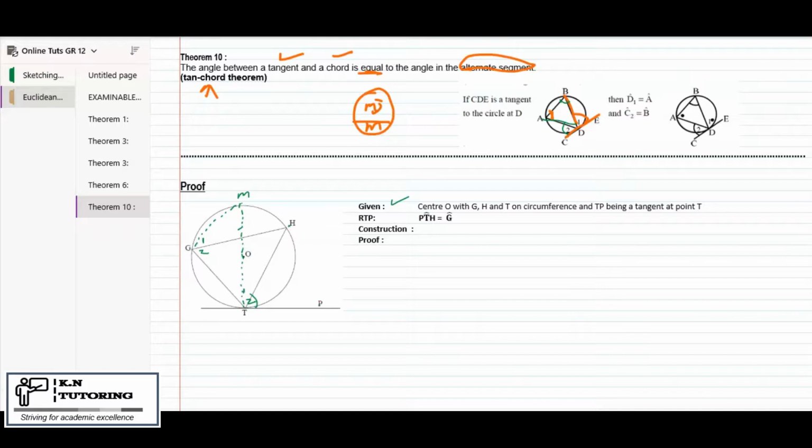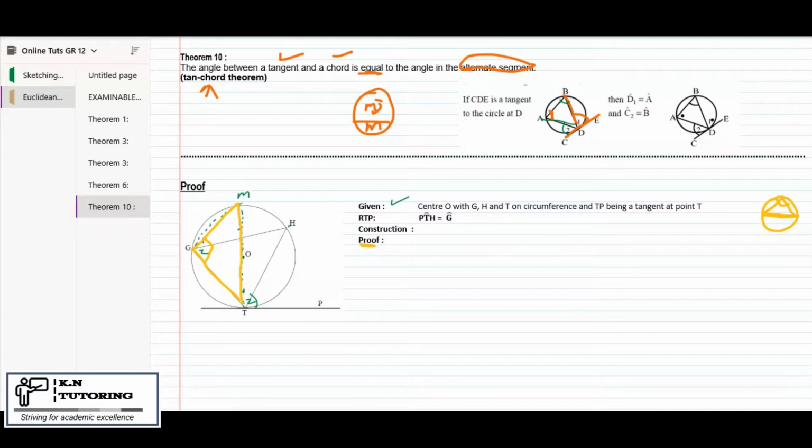Now I'm coming to the proof. There's a theorem that says if you've got a circle and a diameter, the diameter subtends an angle of 90 degrees. We've got a triangle there, and this is 90 degrees because MT is a diameter.